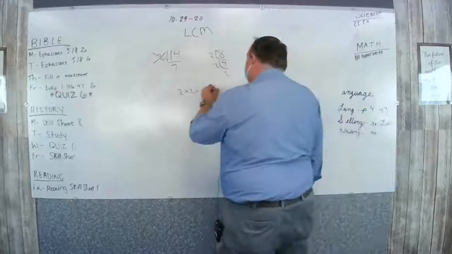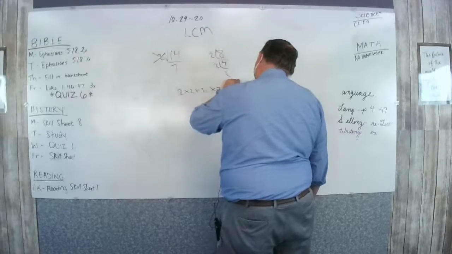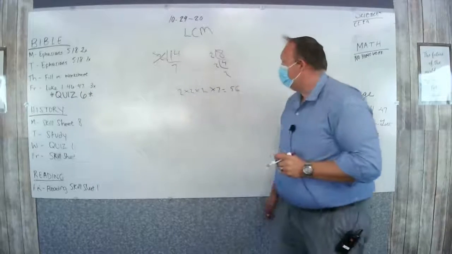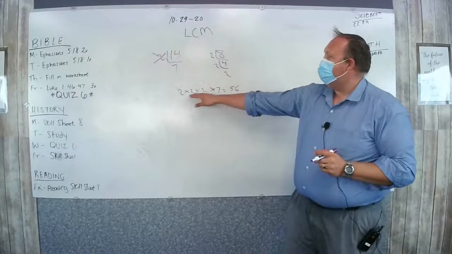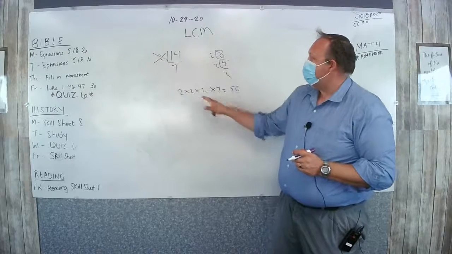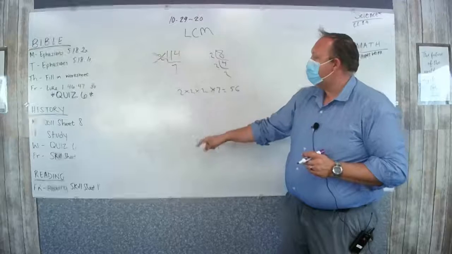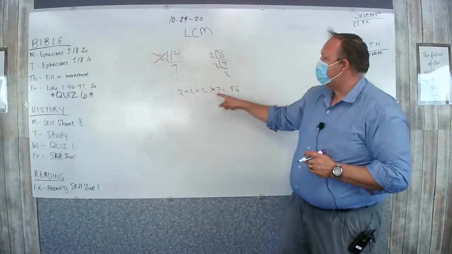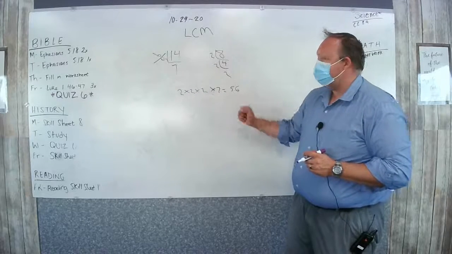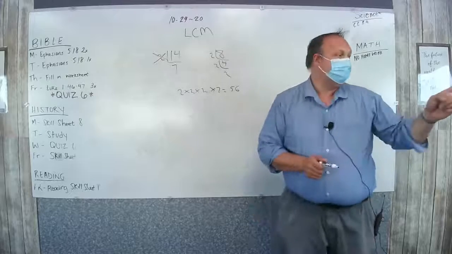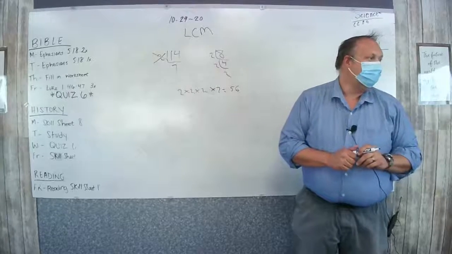Okay? So, when I go through and do this, I use the 7 and I use all 3 of my 2s. So I have 2 times 2 times 2 times 7 gives me 56. Yes? What if it was like 4 and then you have the 2 twos?